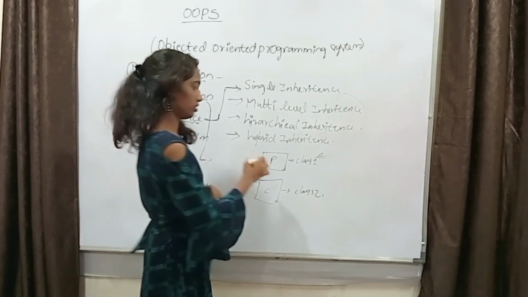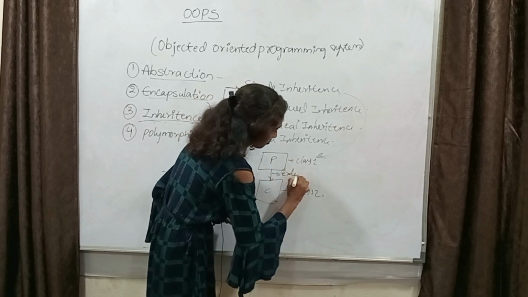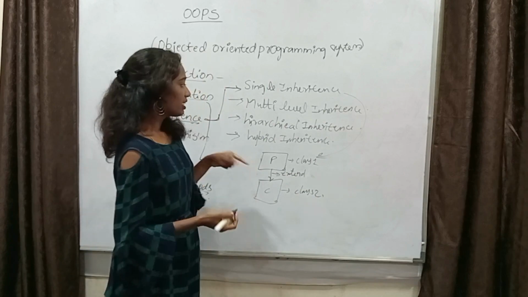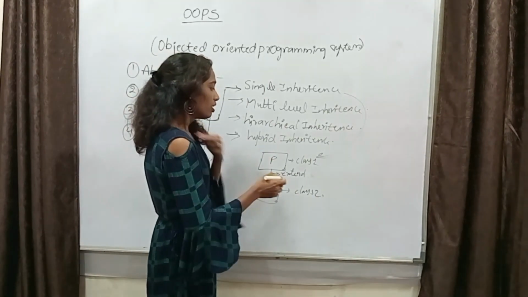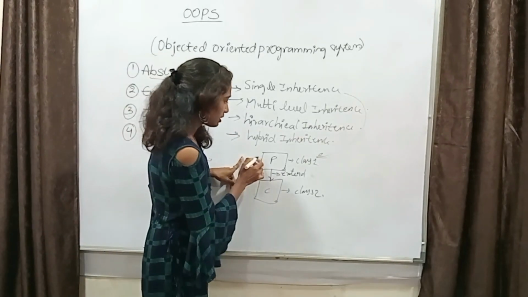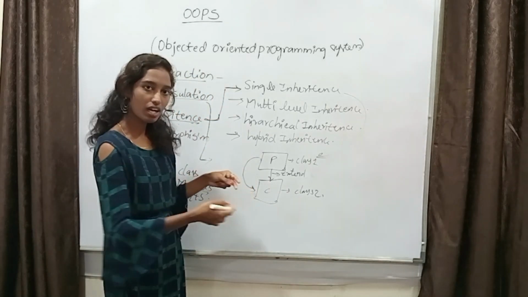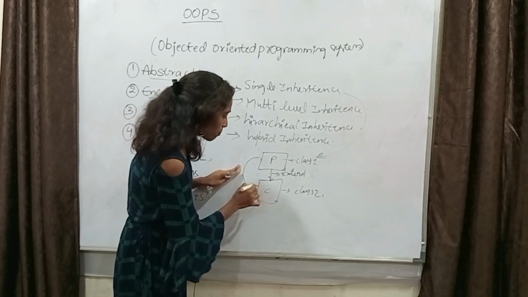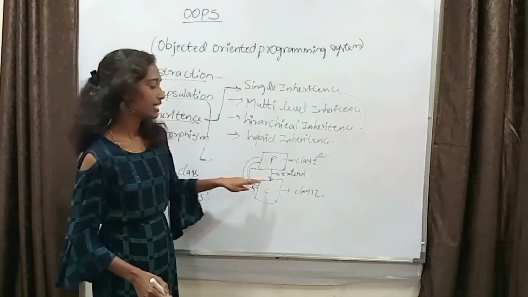Here we have to use the extends keyword. The class that gives its properties to the other class is the parent class. The class that gets the properties from the other class is called the child class.